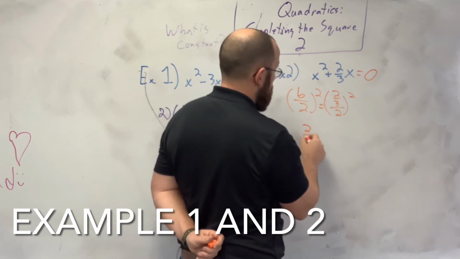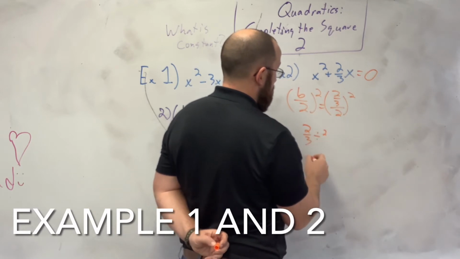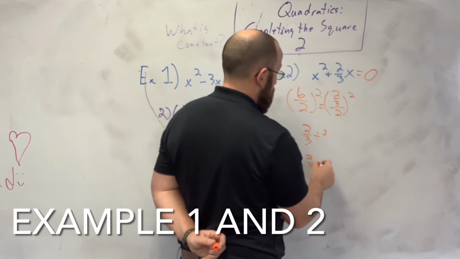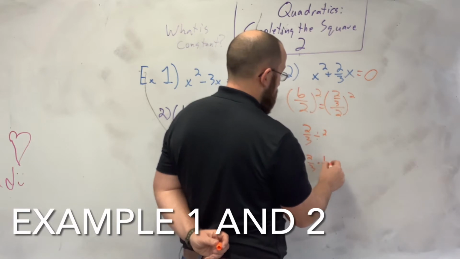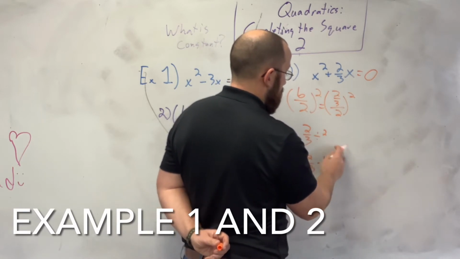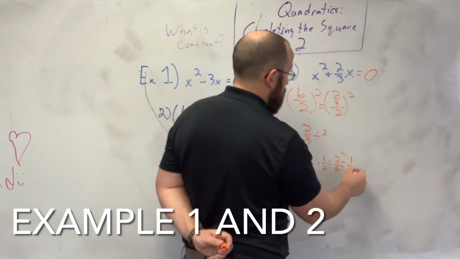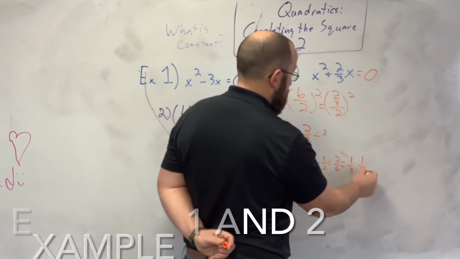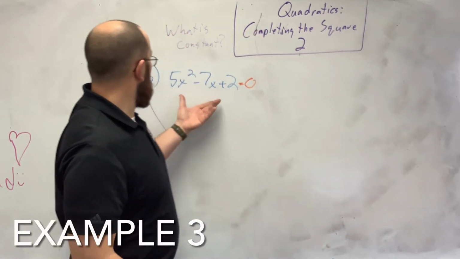So 2/3 divided by 2, keep, change, flip. 2, 6. So that gives me 1/3, and then I'm going to square it to get 1/9.